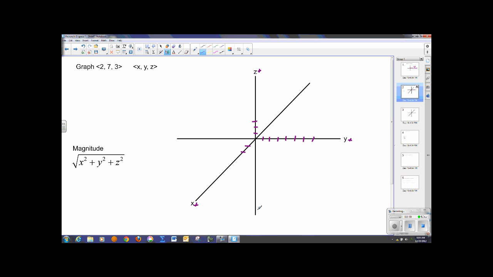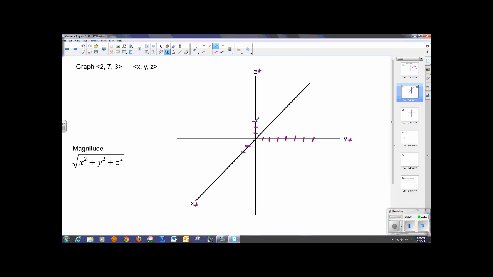Now, graphing these is a little bit tricky, and if you're an artist or have some idea of spatial recognition, it's going to be a little bit easier. So what we're going to do is actually draw parallelograms relative to the axis coordinates.